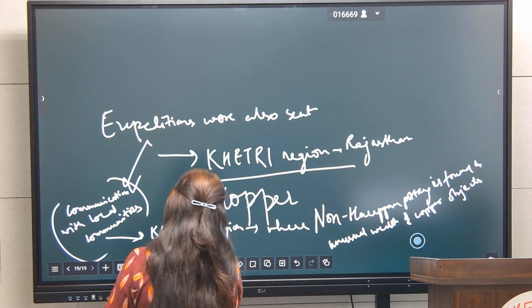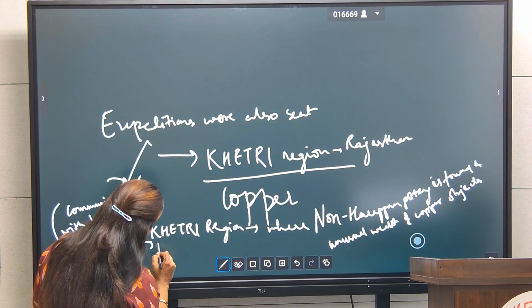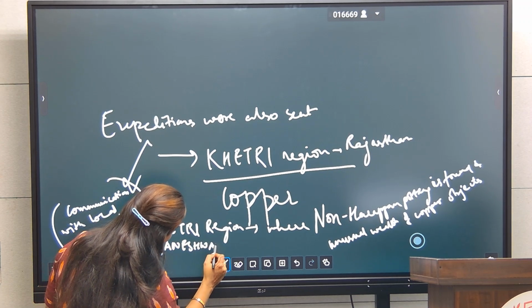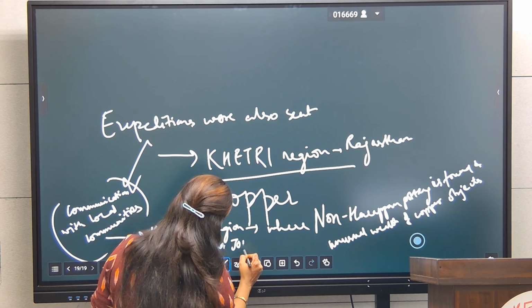This region is also known as the Ganeshwar-Jodhpura region.